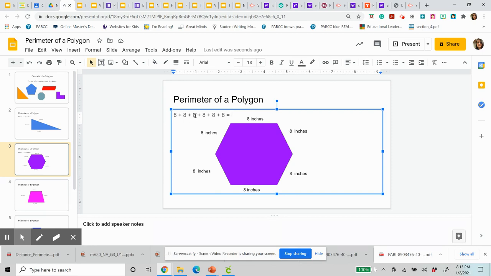You might do 8 plus 8 plus 8. Oh, I know 3 eights is 24, so 24 plus 24. Come up with a method, but I want you participating, coming up with a number. And even if it's a wrong number, then you added wrong, but you still know what you're doing. You're adding up all the 8s. Okay, so 48 inches, the abbreviation. Okay, 48 inches would be the perimeter.